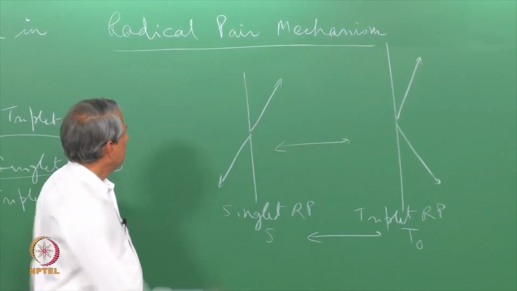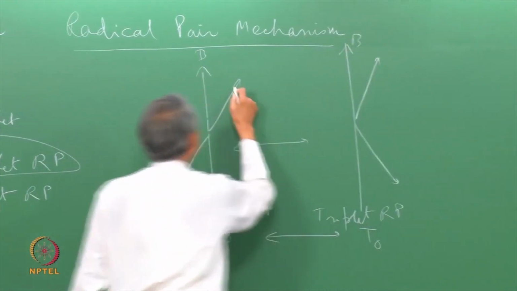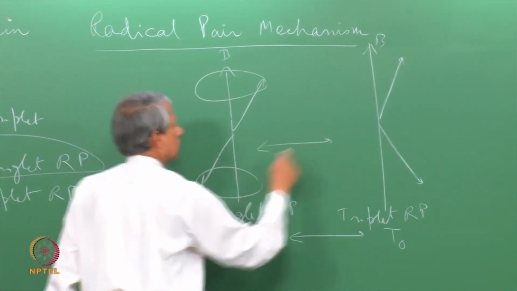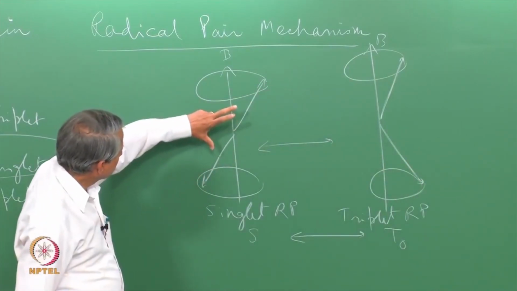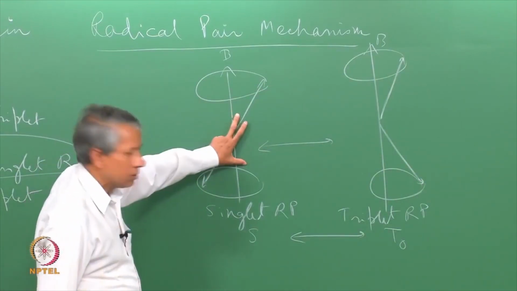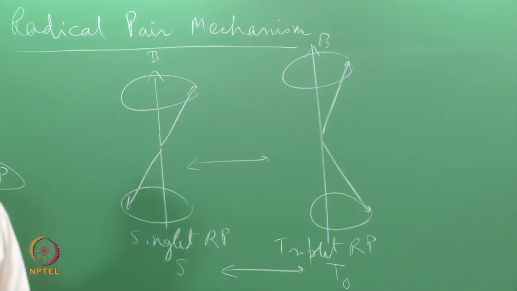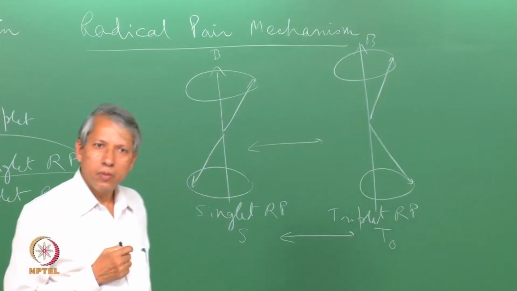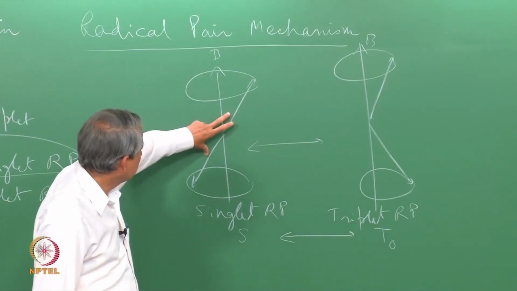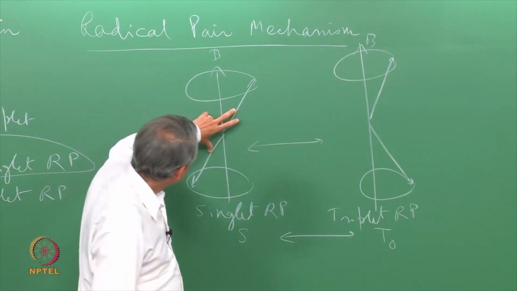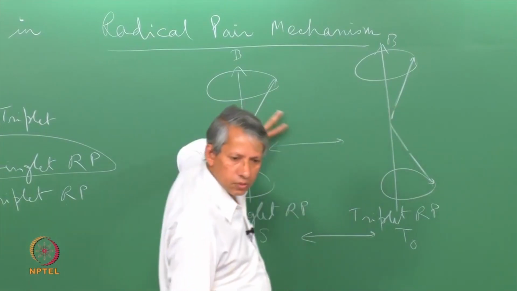Now, the magnetic field is in this direction and they are precessing in this way. So, how can the relative phase change from this to this? Very simple, if they precess at just a little bit different frequency. So, if the precessional frequency is different for these two radicals, then this relative phase can change to this, or this phase can change to this.